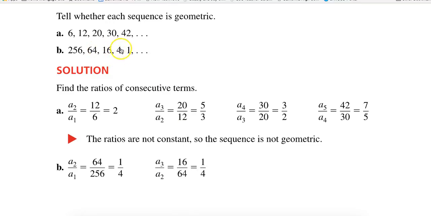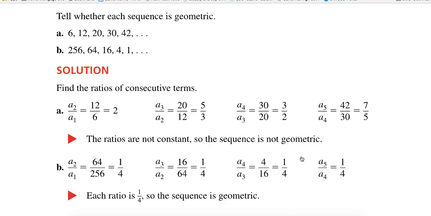Let's take our fourth term divided by our third. 4 over 16, 1/4. Looking real good so far. Let's take our fifth term divided by the fourth. 1/4. So now that we've confirmed that this is a constant ratio between each term and the next one, we can say that yes, the ratio is 1/4, so the sequence is geometric.